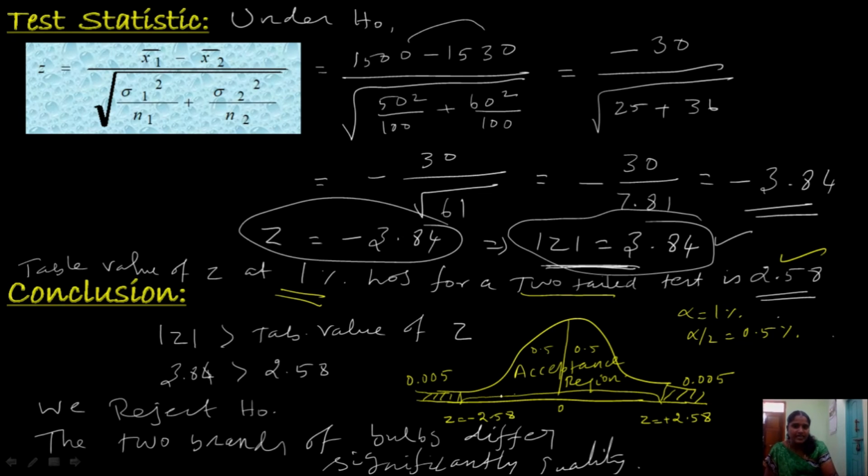These two shaded regions are rejection regions. But my calculated value here is minus 3.84, approximately here, isn't it? So it falls in the rejection region. That's why we have to reject the null hypothesis.